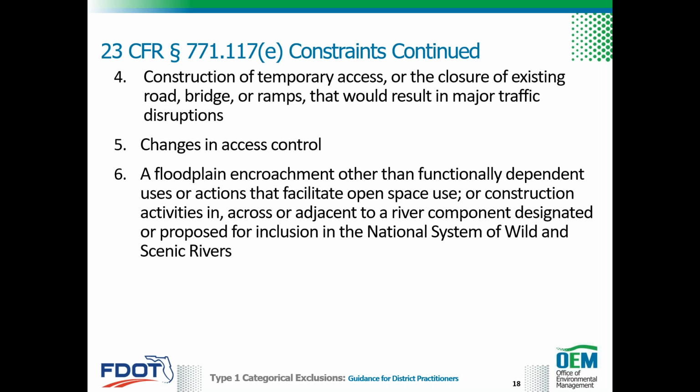Changes in access control or a floodplain encroachment other than functionally dependent uses, such as bridges or wetlands, or actions that facilitate open space use, such as recreational trails or bicycle and pedestrian paths, or construction activities that are in, across, or adjacent to a river component designated or proposed for inclusion in the National System of Wild and Scenic Rivers.